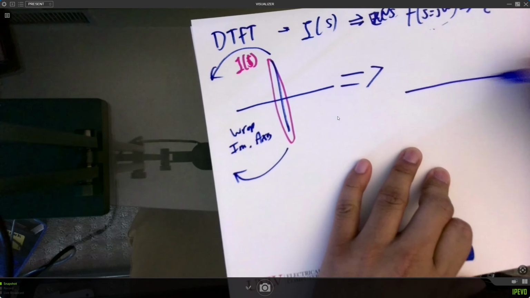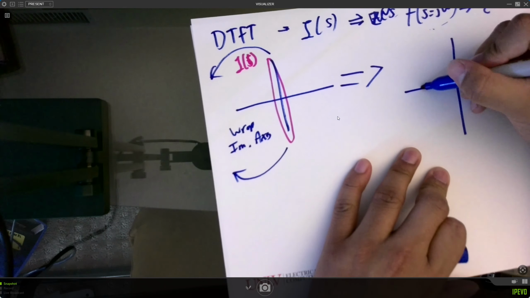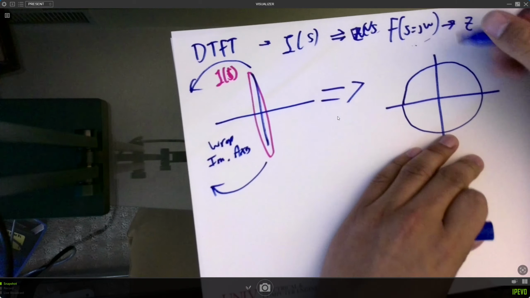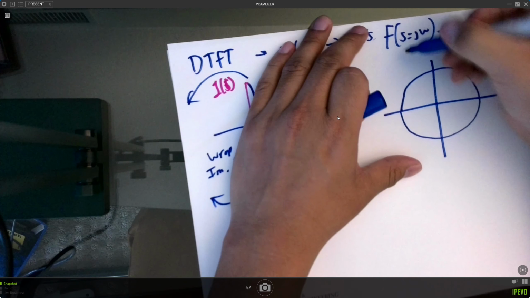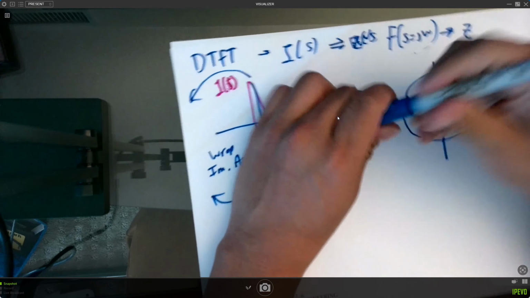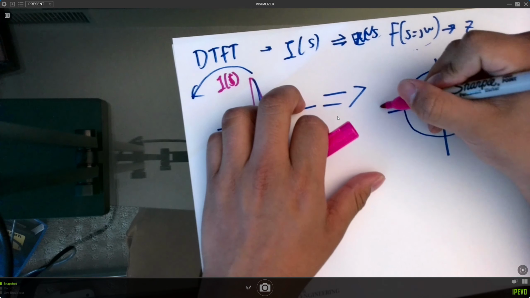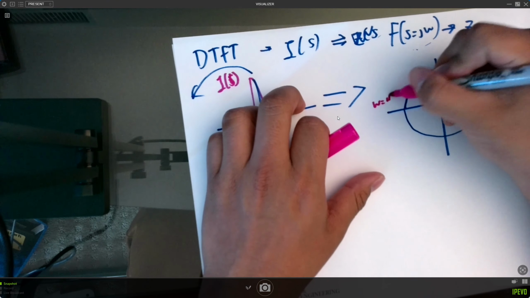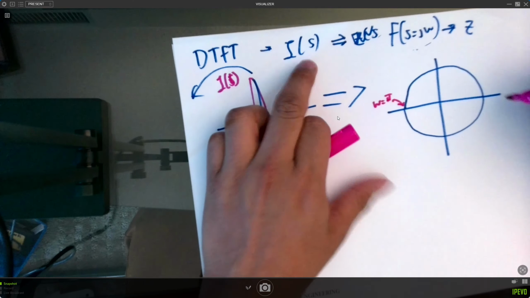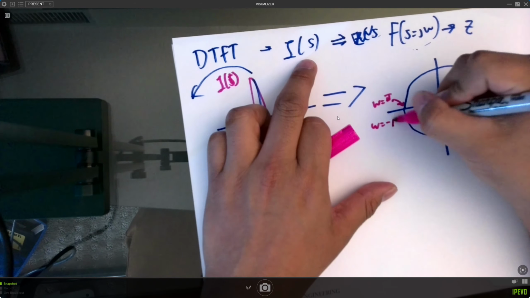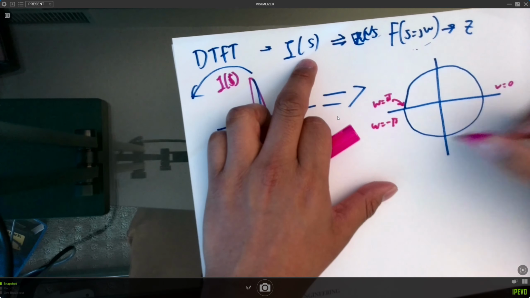And then you'll get the following. You'll get this big circle, and basically your Fourier series is now going to look like this. If I were to draw this, omega is equal to pi at this point, this is omega is equal to 0, and then omega is equal to minus pi. That means points that are on this circle.